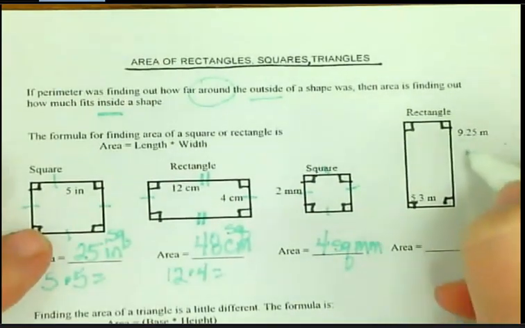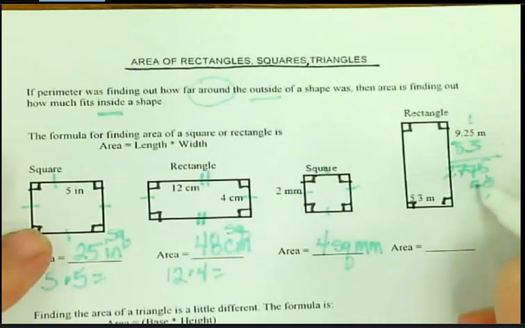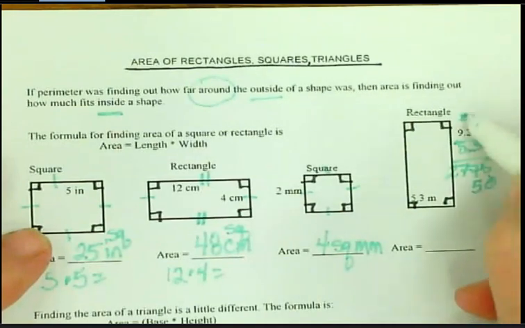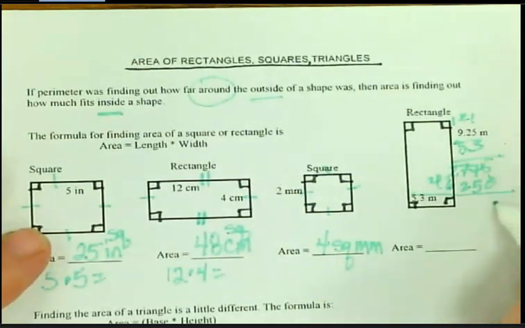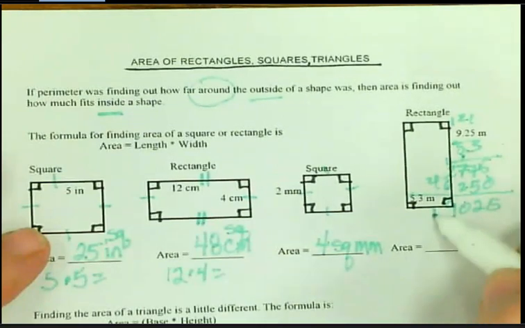So I'm just going to write 5.3 up here. And this is times. So 3 times 5 is 15. 3 times 2 is 6. Plus 1 is 7. 3 times 9 is 27. And then we put a 0. 5 times 5 is 25. 5 times 2 is 10. Plus 2 is 12. That's 45. Plus 1 is 46. So we've got a 5. 12 carry the 1. 10 carry the 1. 9 and a 4.